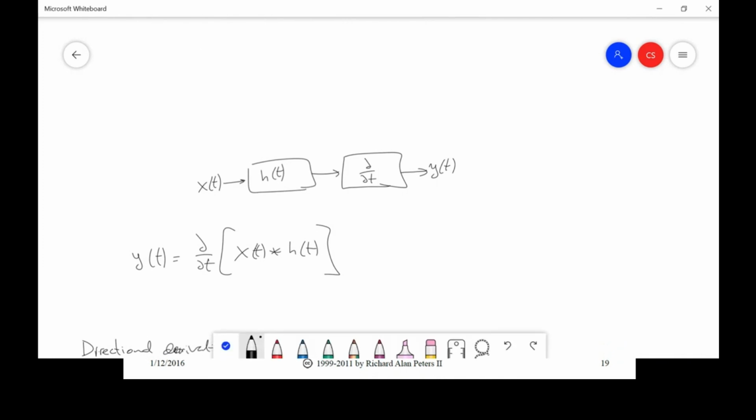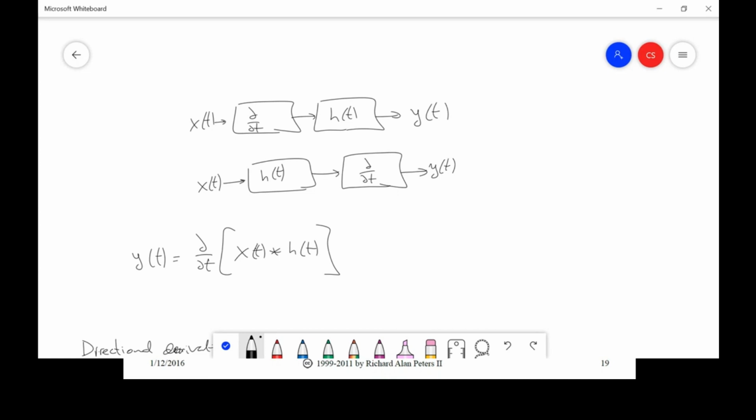These two operators are linear, so I can swap them. So this is equivalent to this other system. First you compute the derivative, and then you go through the filter. Because the two operators are linear, you can switch them.